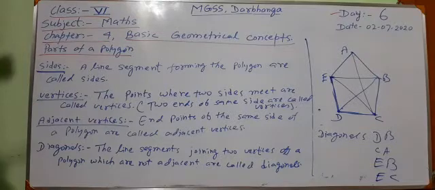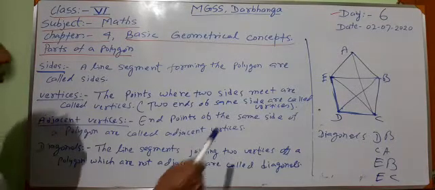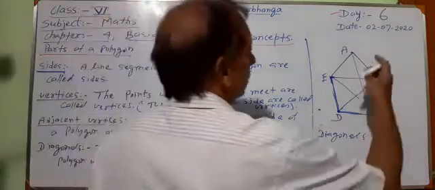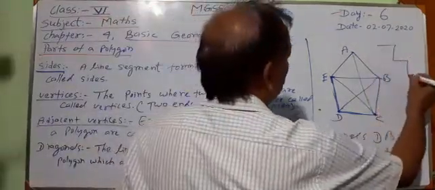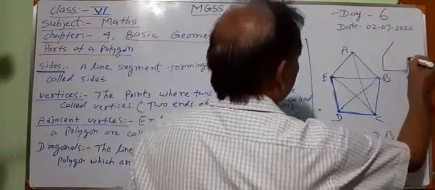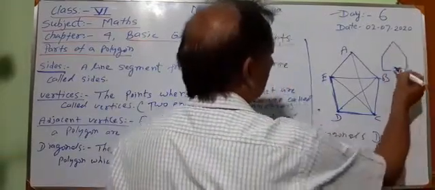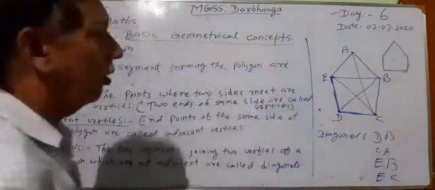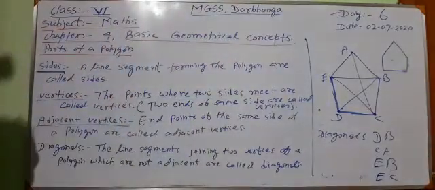Now what have we read this time? We have read the parts of a polygon, and we know what a polygon is: a simple closed figure formed by line segments only. A very clear and simple definition. Parts of a polygon: sides.